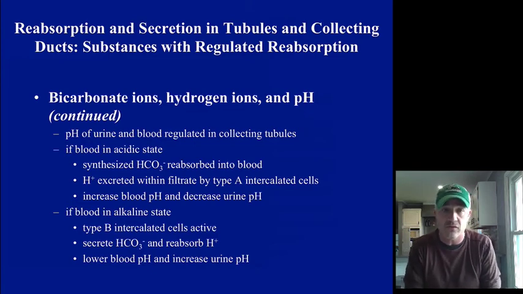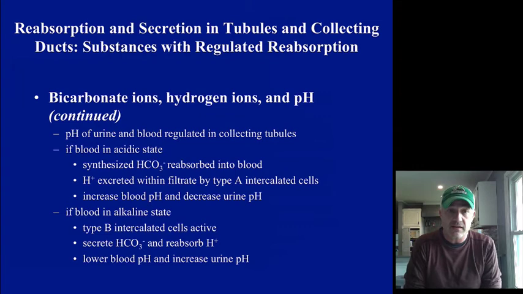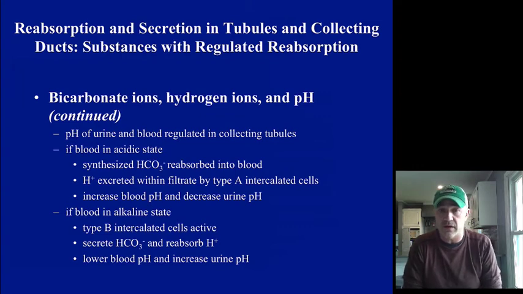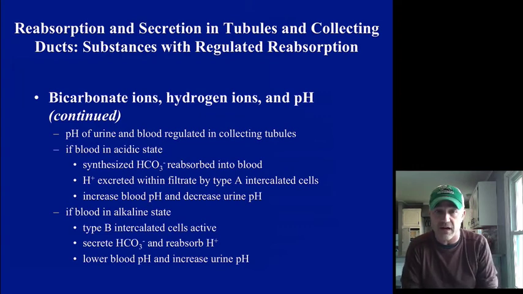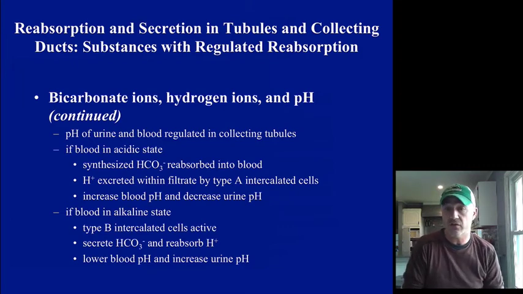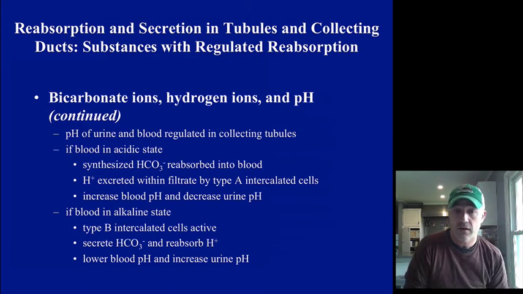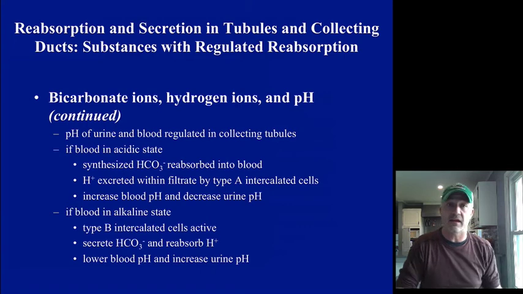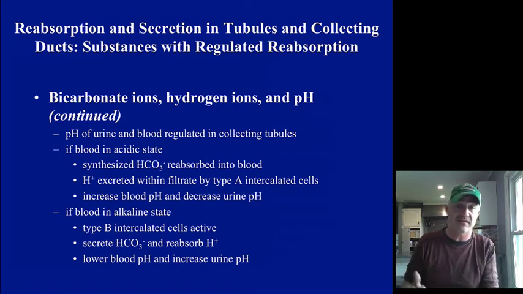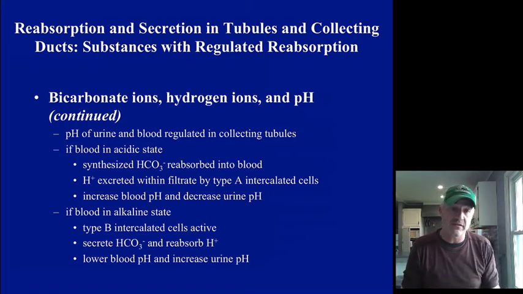If blood is too acidic, we are going to reabsorb a lot more of that bicarbonate ion, and we're going to excrete hydrogen ions through those intercalated cells in the collecting ducts to bring the blood pH up and let the urine pH get nice and low, by taking alkaline out of the urine and putting acid into it.